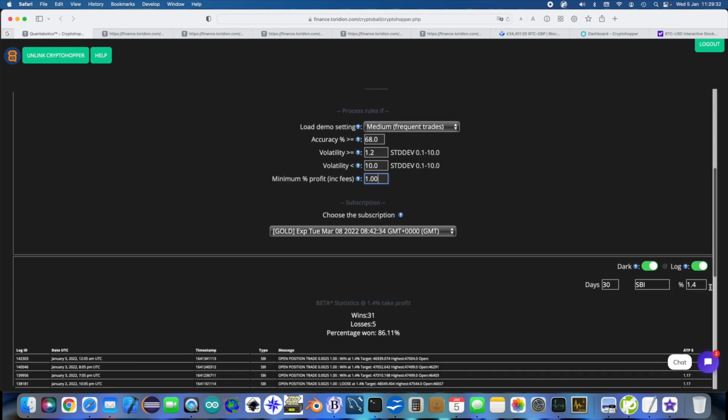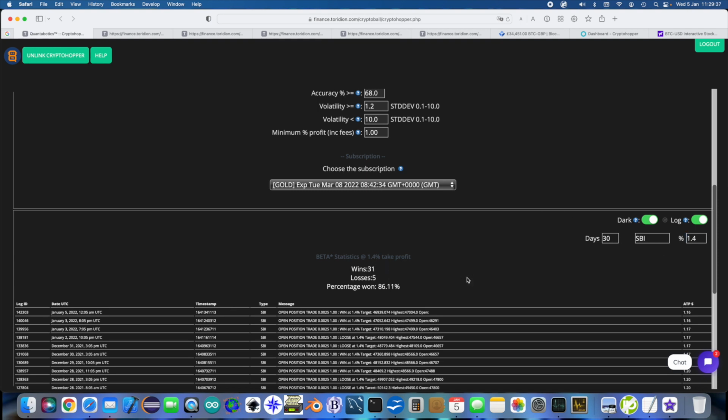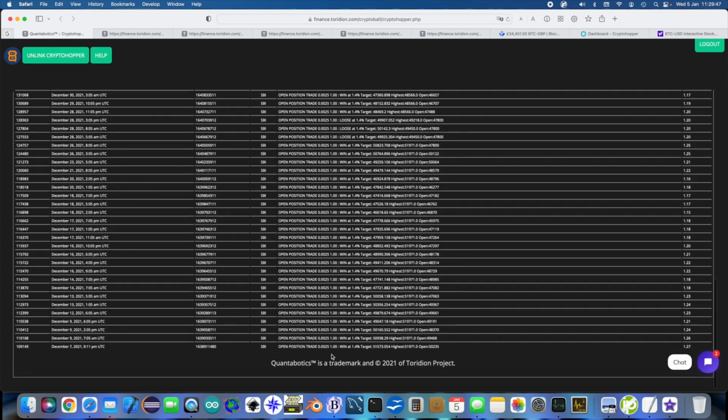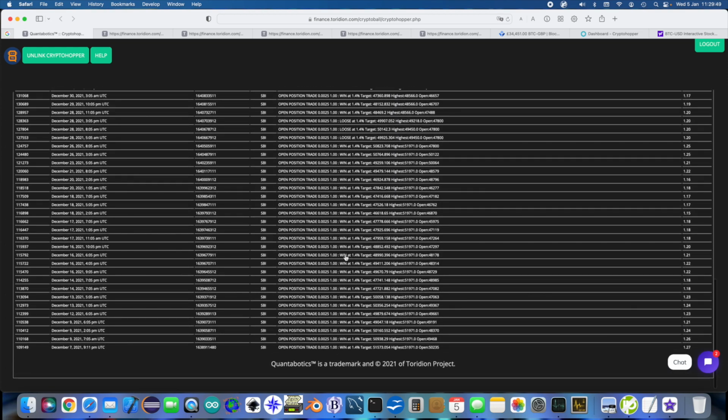But with the new log system, we can actually simulate at any take profit that we want. So simulating at 1.4%, there were 31 wins and 5 losses, which was a percentage of 86% win rate for any position that was opened, and that's basically described here.